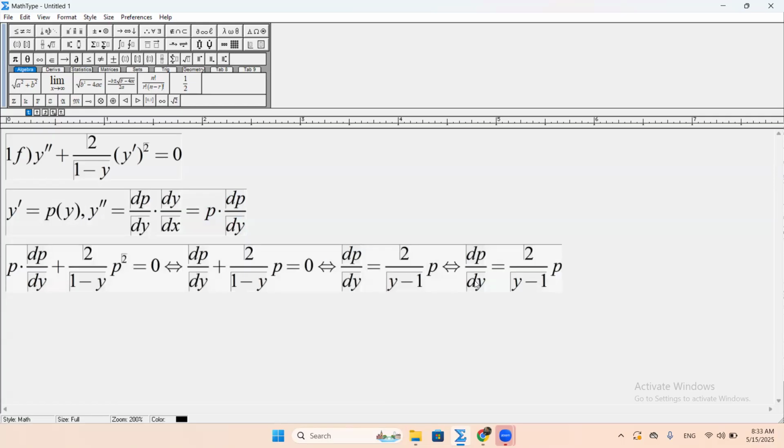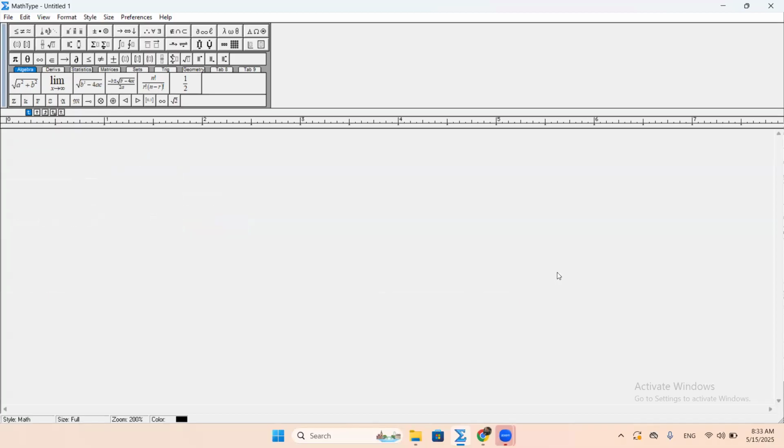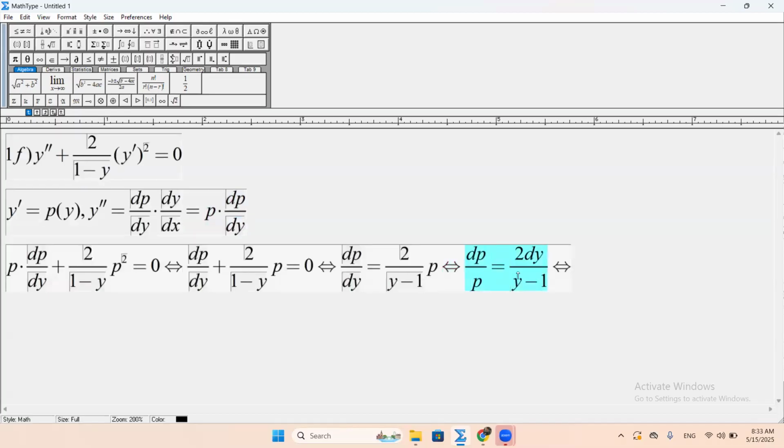So dp over p equals 2 dy over y minus 1. And now we can integrate both parts.